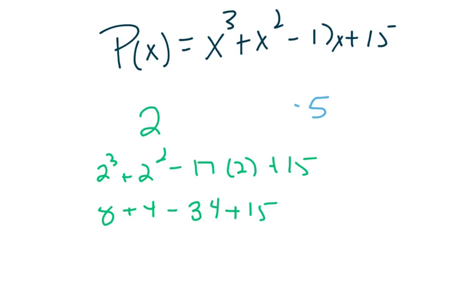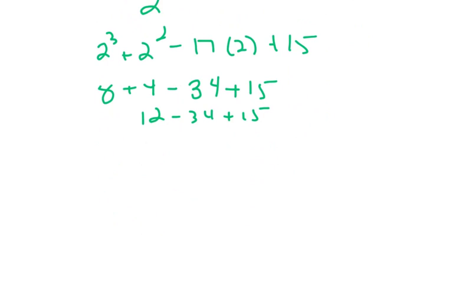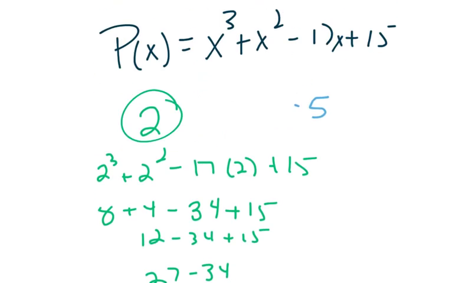So 8 plus 4 is 12 minus 34 plus 15. So 12 and 15 is 27 minus 34, and that is negative 7. So negative 7 does not equal 0. So 2 is not a solution or a 0 of this polynomial.